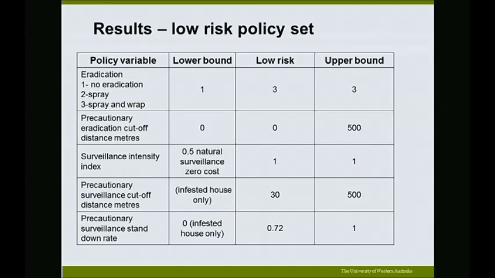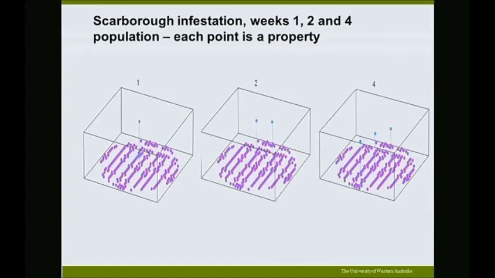Also, this was a bit odd, but we reduced this precautionary surveillance to just being approximately 3 houses around, because I thought the 200 metres was unrealistic. But I'll perhaps come back to that in questions.